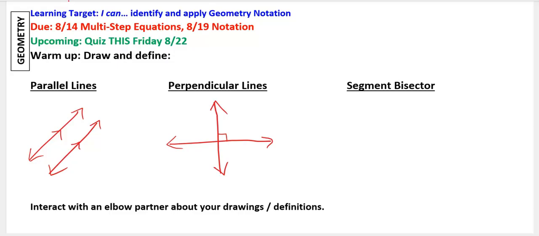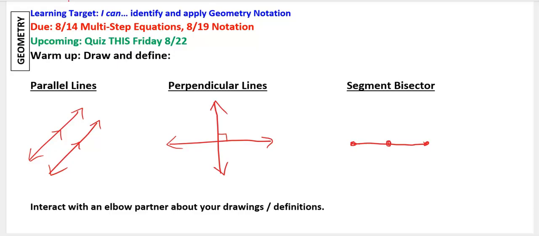Now, the last part says segment. Does everyone remember a segment has no arrowheads? It has endpoints, so you've got two endpoints. Now, bisector: it cuts something into two equal parts, two equal halves. It's got to hit right here in the middle.